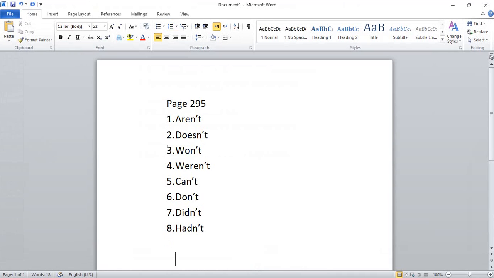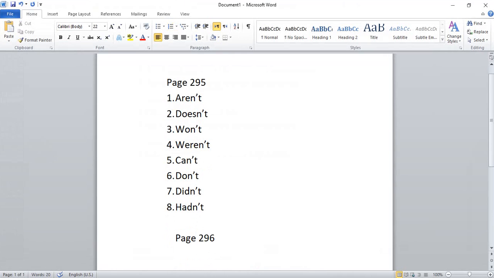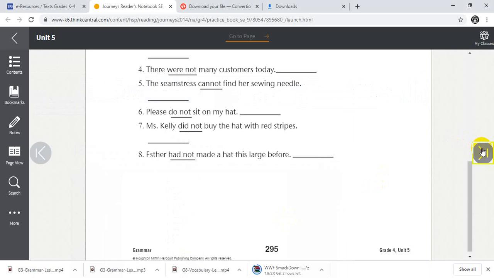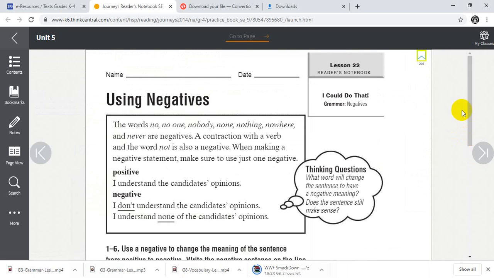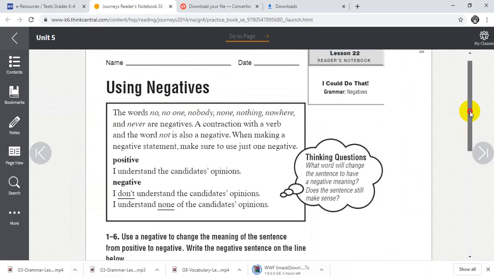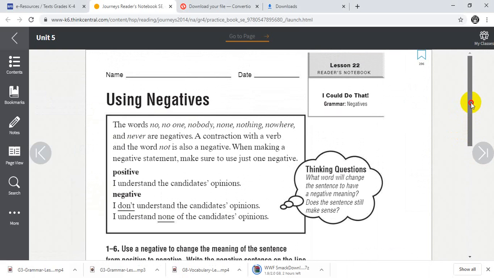Alrighty. Let's move on to page 296. So, here we have using negatives, okay?